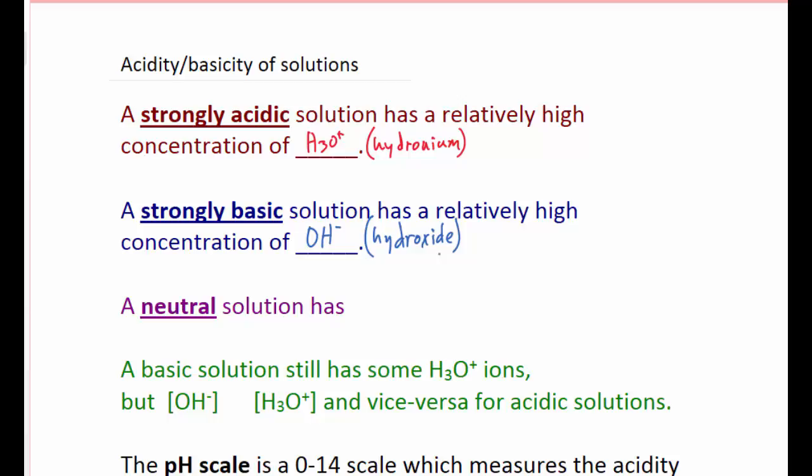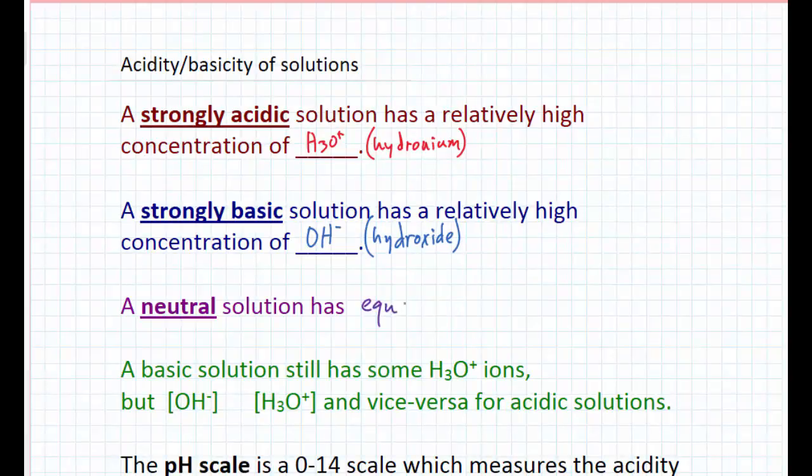If a solution was exactly and perfectly neutral, what would we say about the amount of hydronium and hydroxide? You got it. Equal concentration. Okay.